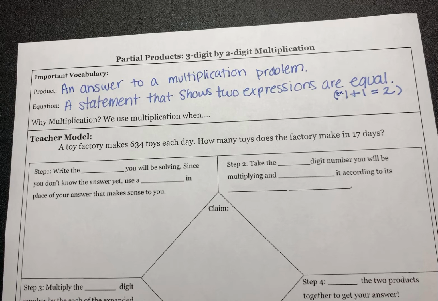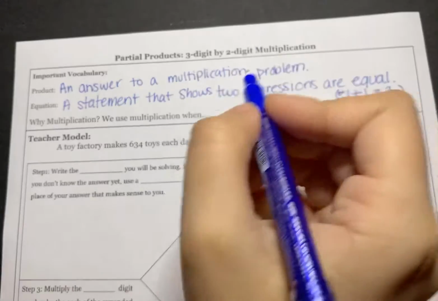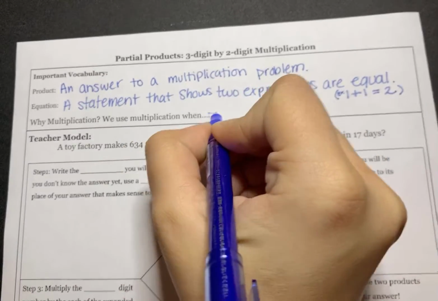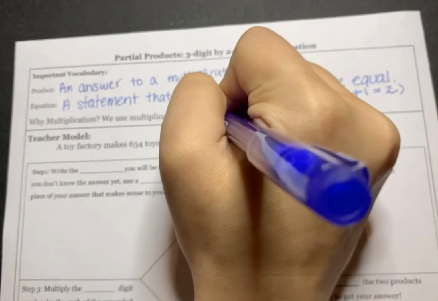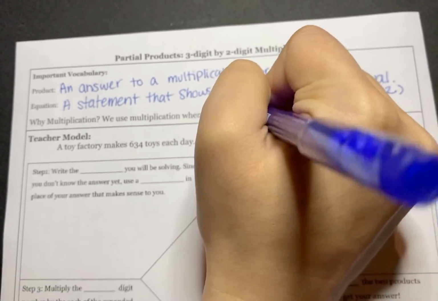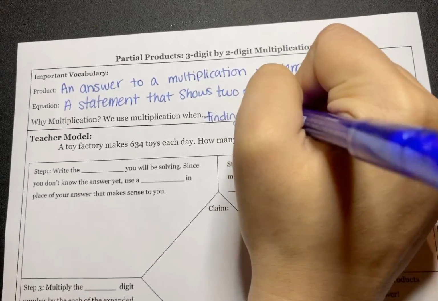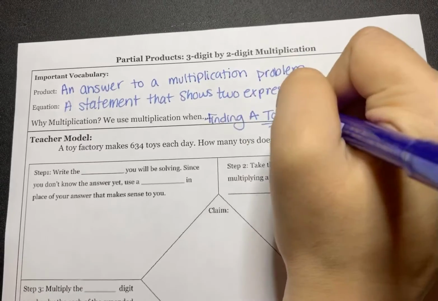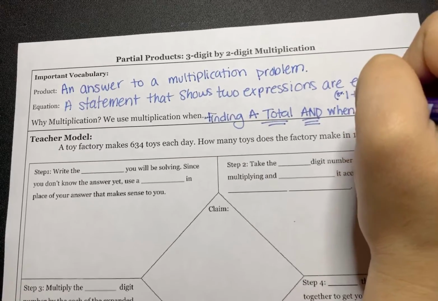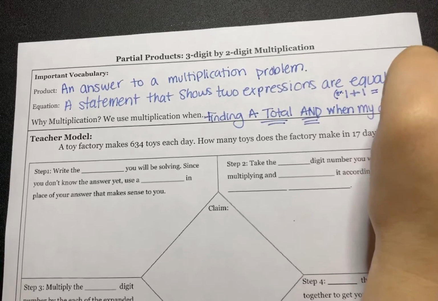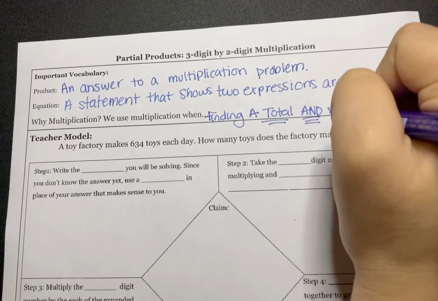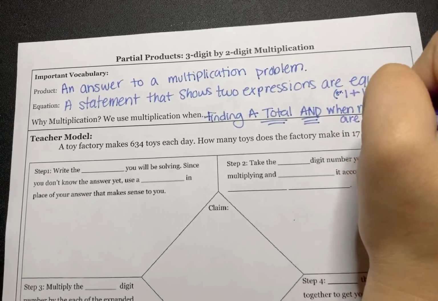You've been learning that keywords are going to help you, but in 5th grade, unfortunately, keywords might actually cause you to get the answer wrong and use the wrong operation. So this year, you're going to learn that we use multiplication when finding a total and when my groups are the same size.